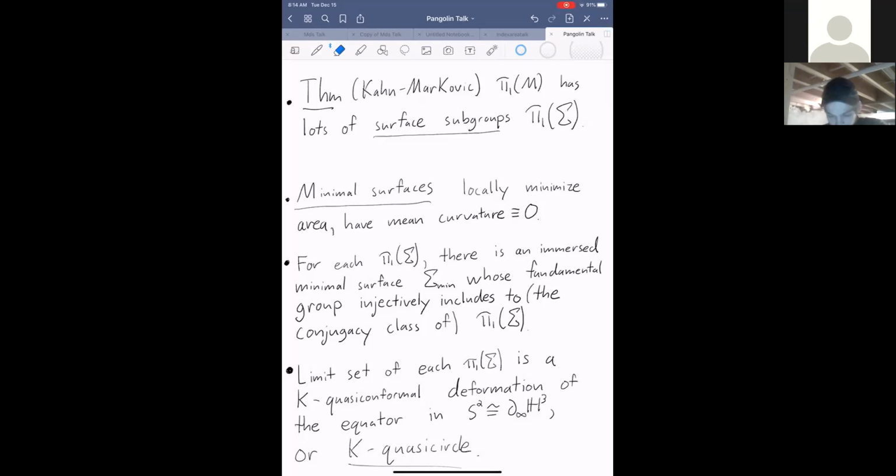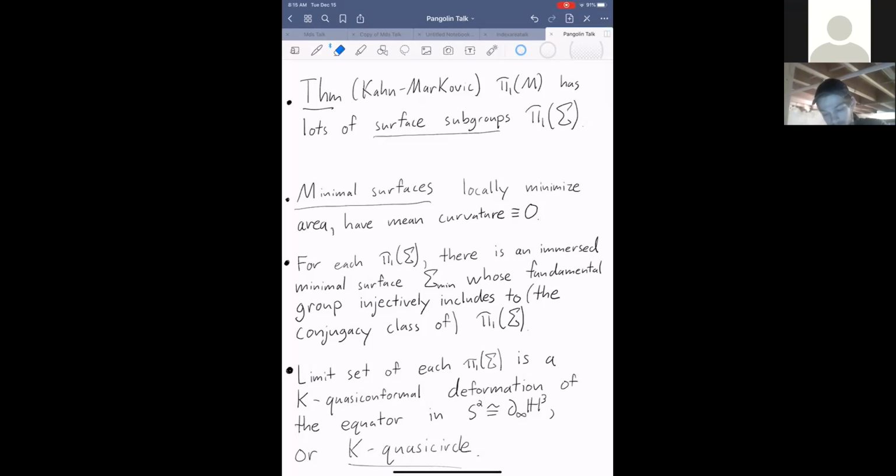It follows from work that Jeremy Kahn and Vladimir Markovic did in a series of papers that the fundamental group of our closed hyperbolic three-manifold M contains lots of surface subgroups, that is, subgroups that are isomorphic to the fundamental group of a closed surface.